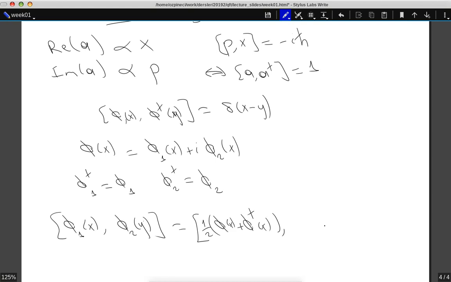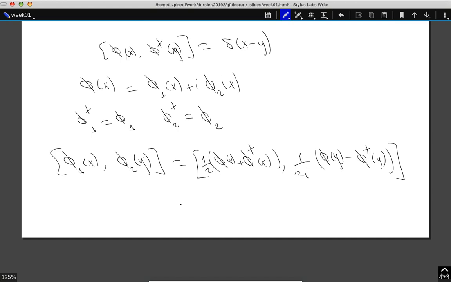And phi 2 is phi minus phi dagger divided by 2i. So this is equal to 1 over 4i.